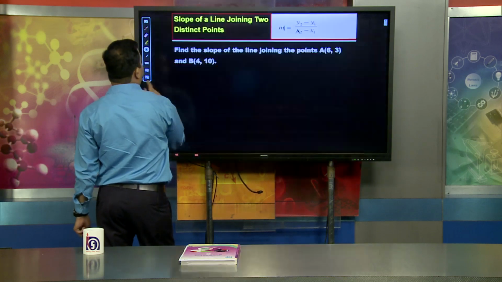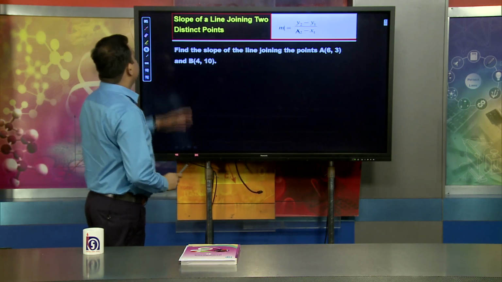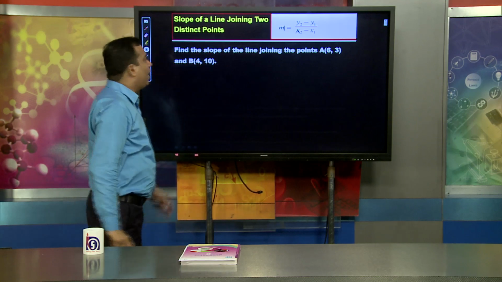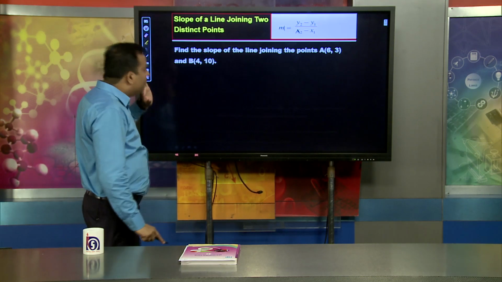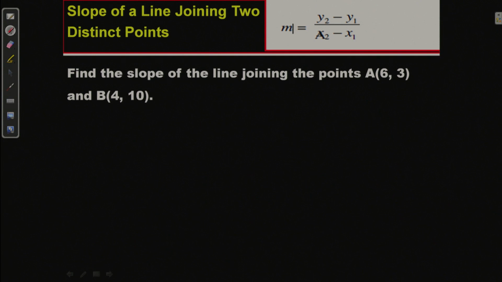Right now, we will move to the slope of a line joining two distinct points. How do we find the slope of the line? Suppose this is the line, and suppose the line is L1.